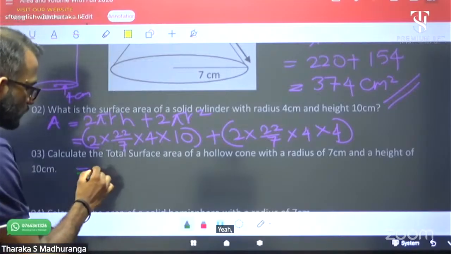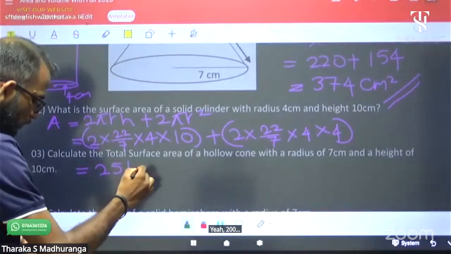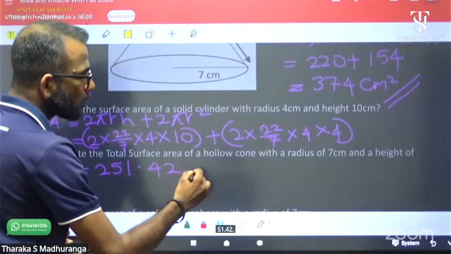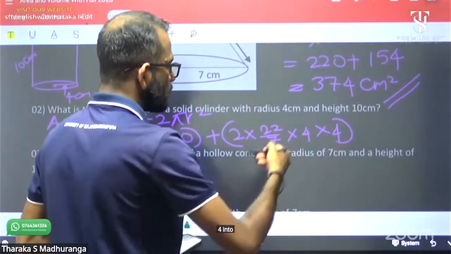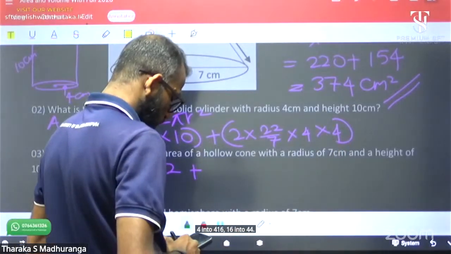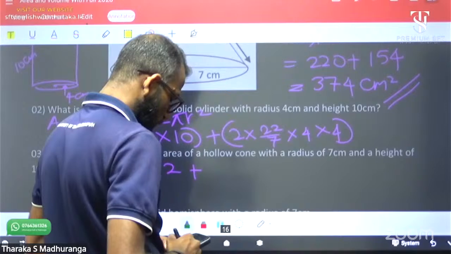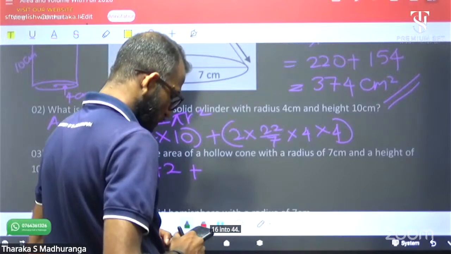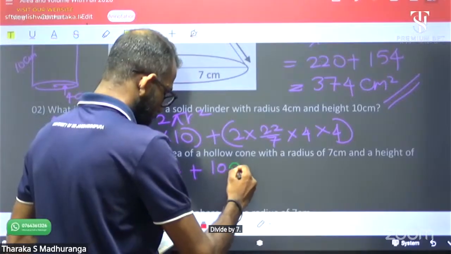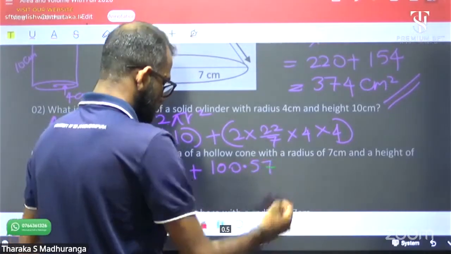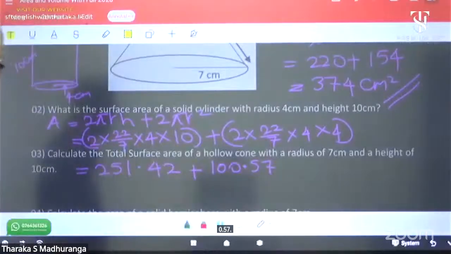251.42 plus 4 into 4, 16. 16 into 44, divided by 7, 100.57.